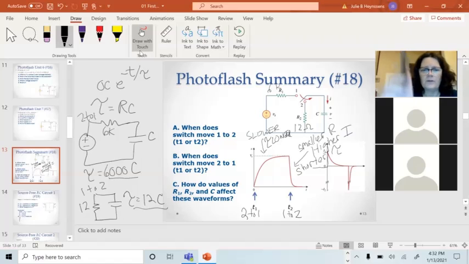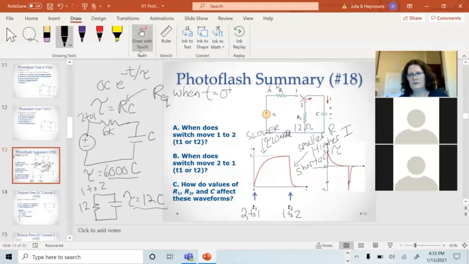The R for the RC time constant is the equivalent resistance that the capacitor sees when t equals 0 plus. It's after the switch moves. So you have to look at the t equals 0 plus circuit to figure out what the time constant is. Okay.